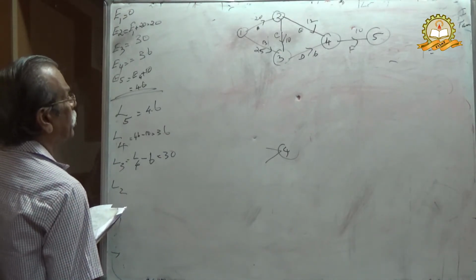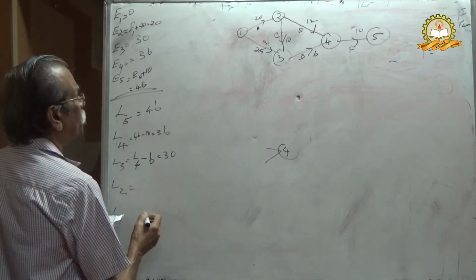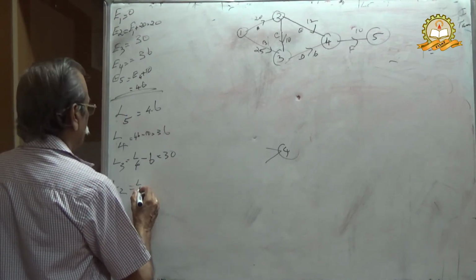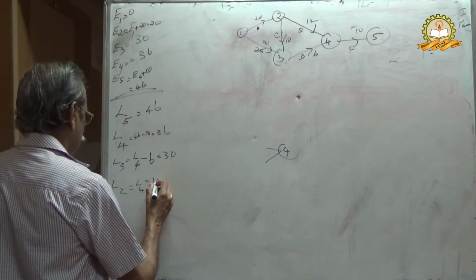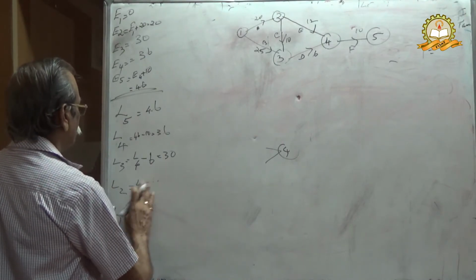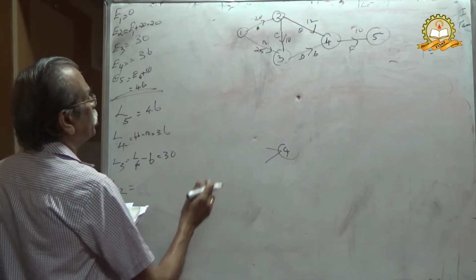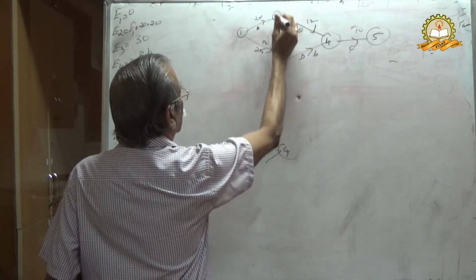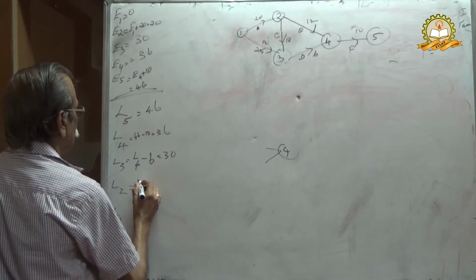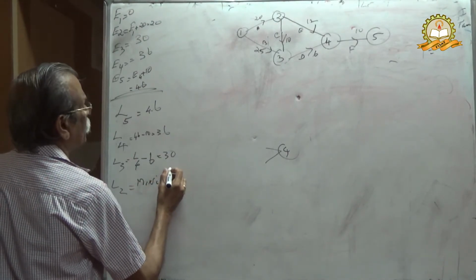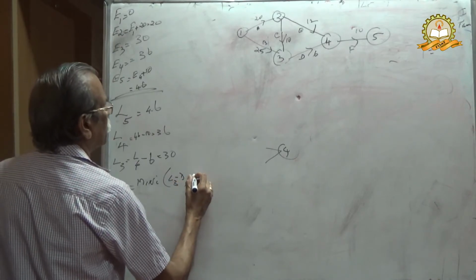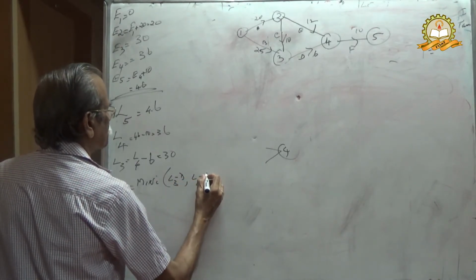Then L2 equal to L4 minus 12. 2 can be reached from here or from here. L2 will be the minimum of L3 minus duration or L4 minus duration.